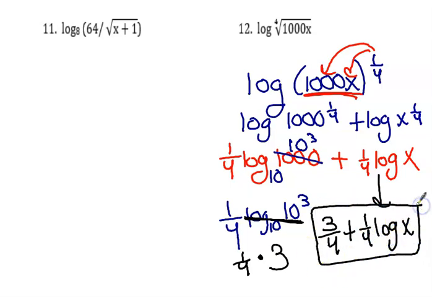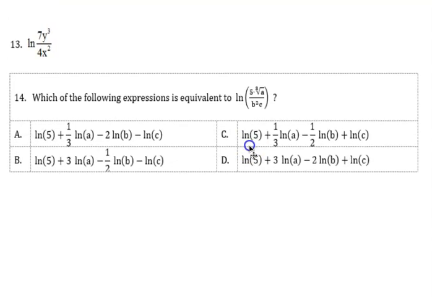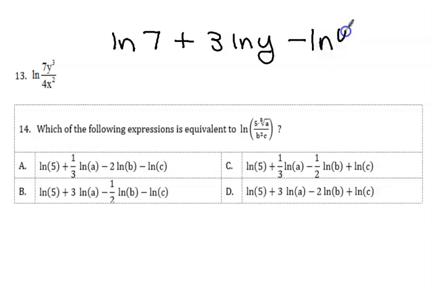So make sure that you can look at this number and see, can I cancel out the log based on what that base is. All right. And then for number 13, break it apart again. I have ln 7 plus 3 ln y minus ln 4 minus 2 ln x.